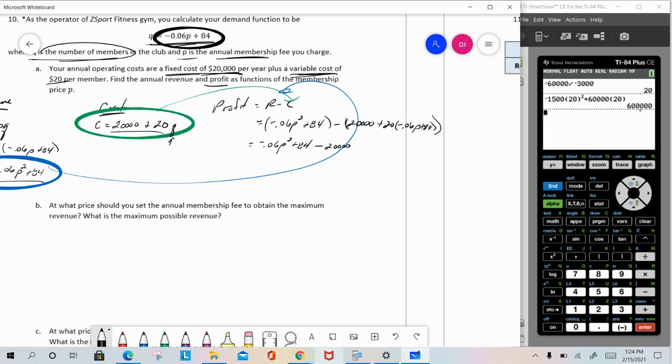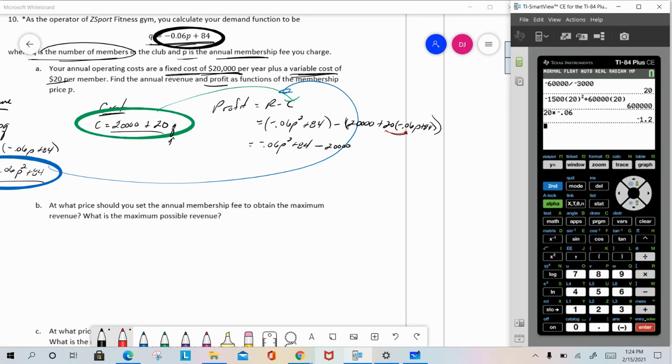But now here, I'm going to distribute. I'm going to distribute 20 times negative 0.06. So that's negative 1.2p.